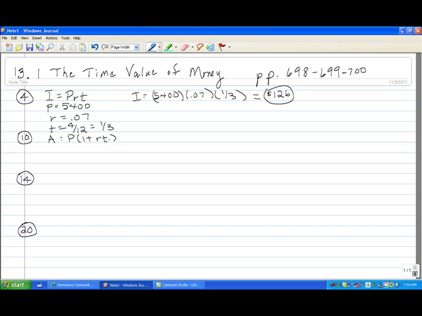That's if we use simple interest. And A equals P times 1 plus R divided by M, raised to the N.